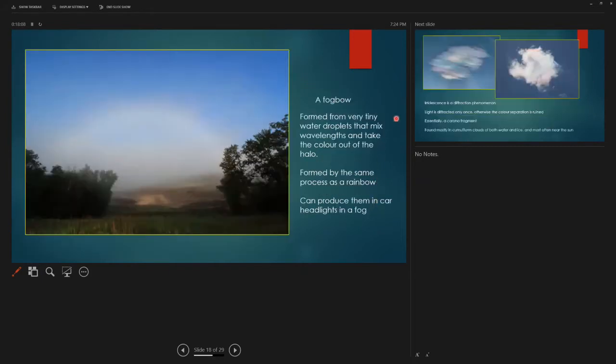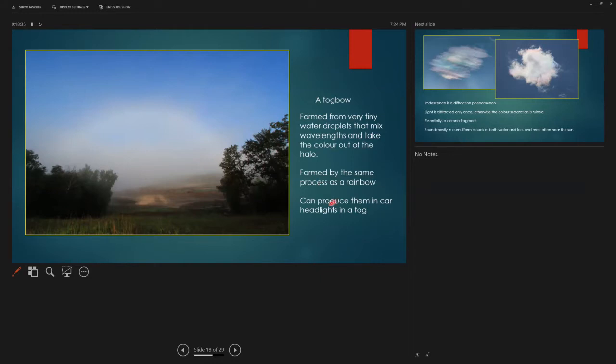A fog bow is in some ways a rainbow, but it's from very, very tiny water droplets. And so while the water droplet that forms a rainbow is large enough to cause enough dispersion into the colors, the fog bow scatters all of the light waves that pass through the little tiny droplets, and it turns out that they adopt a white color.